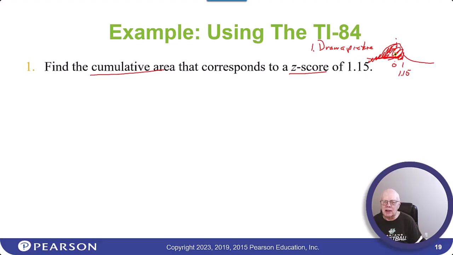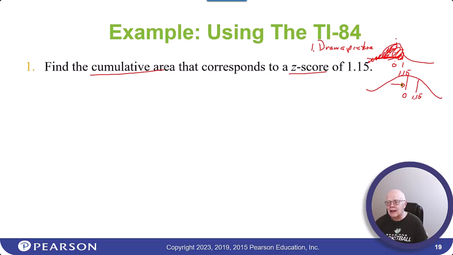I'm going to draw that picture again so we can see more of it. There's our 0 in the center, and we had the 1.15 out here. What would be the area up to 1.15? You can see a lot of space in here if you can see my pointer. Remember, if we get up to here, that's 50% or 0.5 of the area.